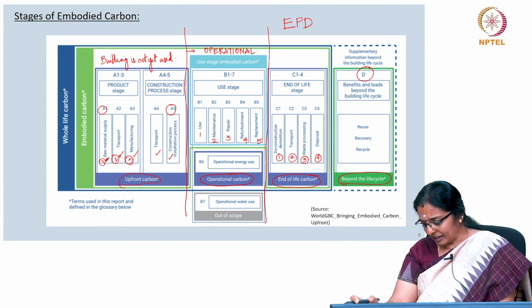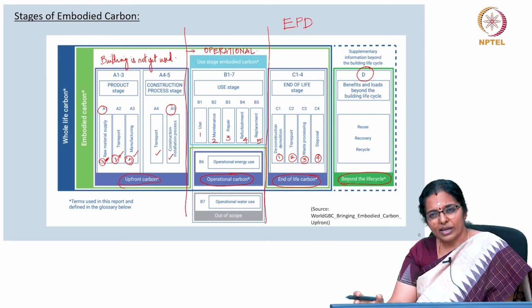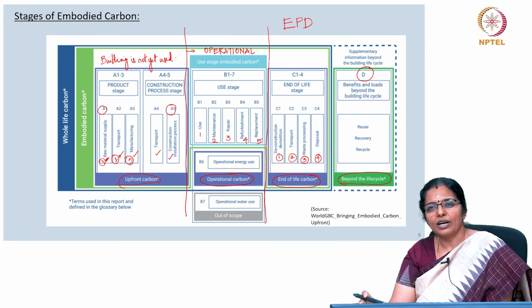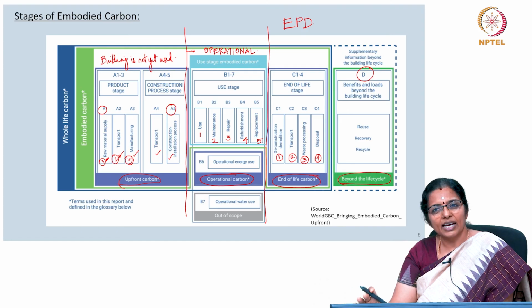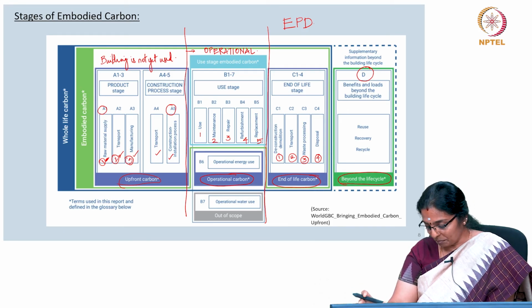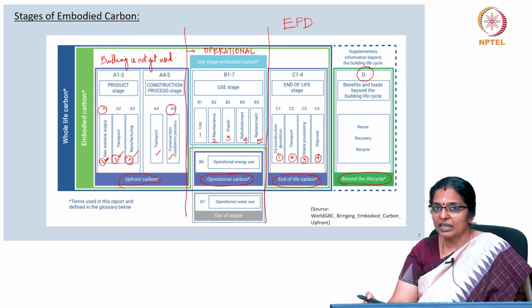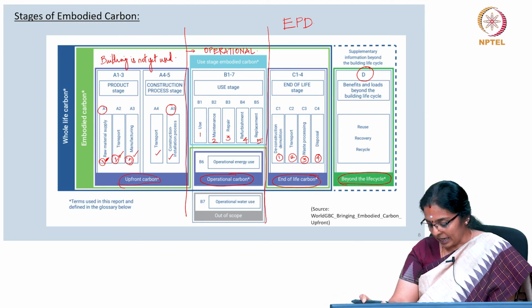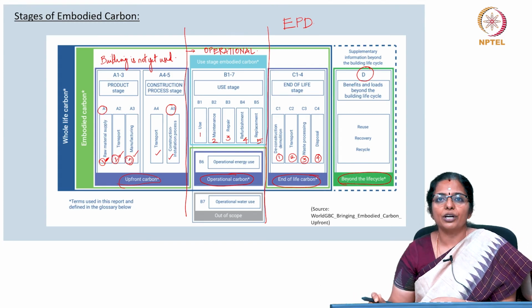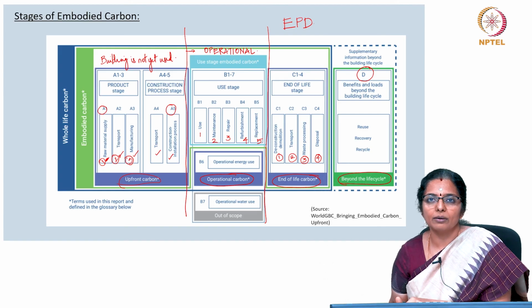And you can share EPD with stakeholders and things like that. What all does EPD contain? It contains the LCA document in brief. I would say it contains results of the LCA. Then a proper description of the product is also available.